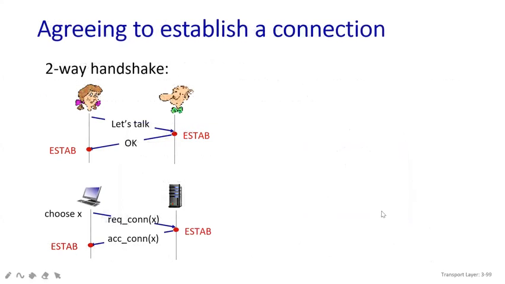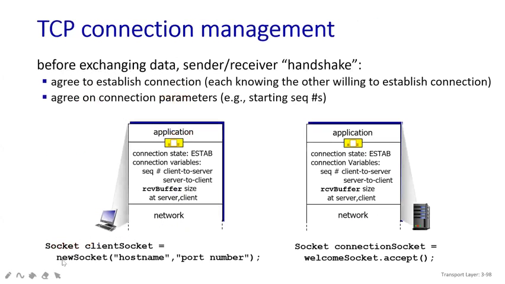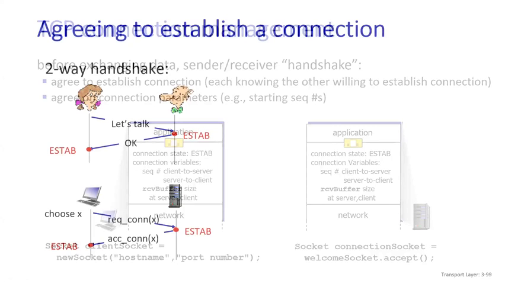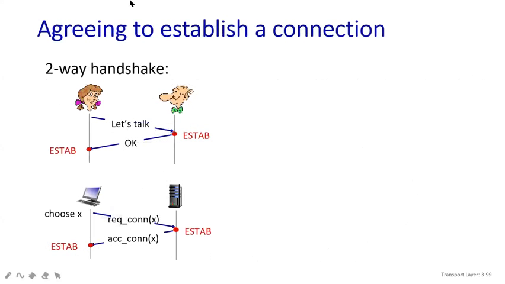Next, if we want to see all these things in a diagrammatic way, how are we going to see? You can see the connection state I have given. That connection state I'm going to use. So if I want to agree on the establishment, I need to use the two-way handshake. Why is it known as two-way?